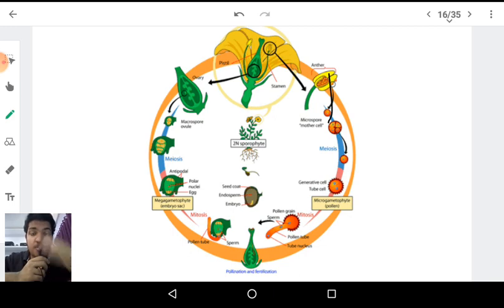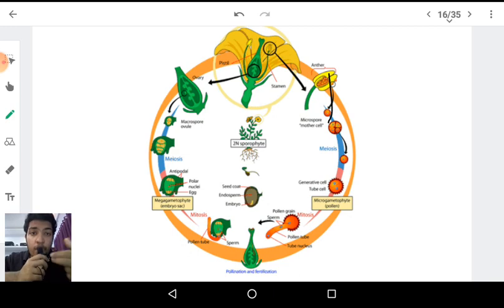The processes of triple fusion and syngamy together are known as double fertilization. This is a unique event in angiosperms, the flowering plants. Double fertilization happens only in angiosperms, and it consists of two steps. One is syngamy, and another is triple fusion.